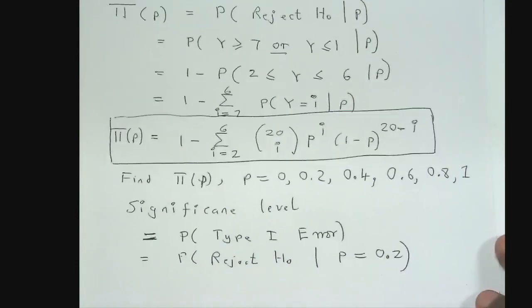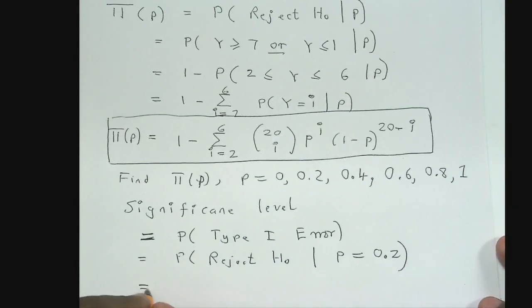And therefore this is equal to pi at 0.2. So the significance level is the value of the power function at 0.2.